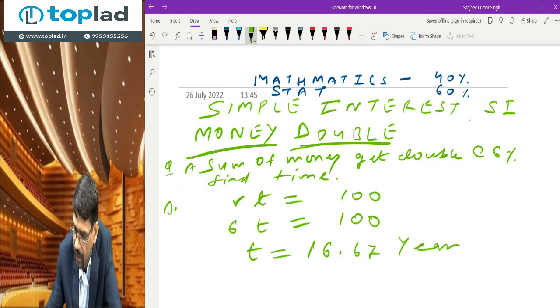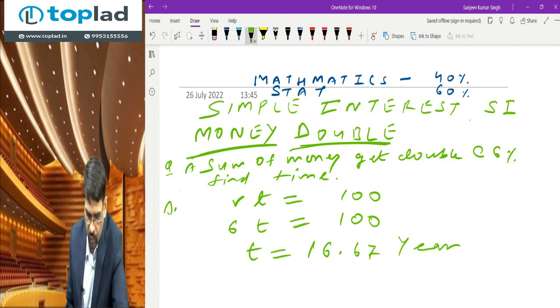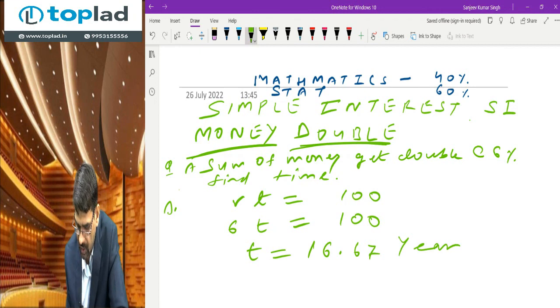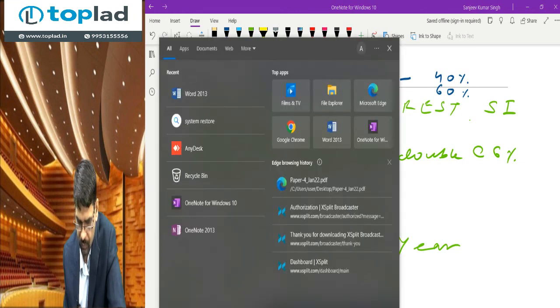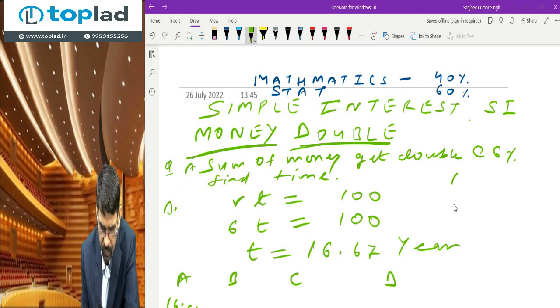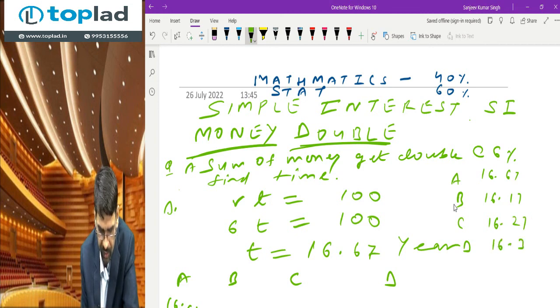In another way, in the exam you will get 4 options: A, B, C and D. Your answer options are A, 16.67, B, 16.17, C, 16.27, D, 16.37.